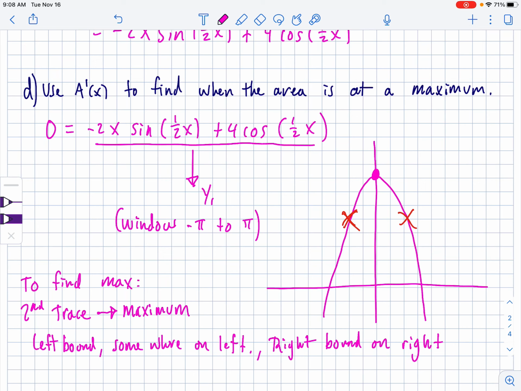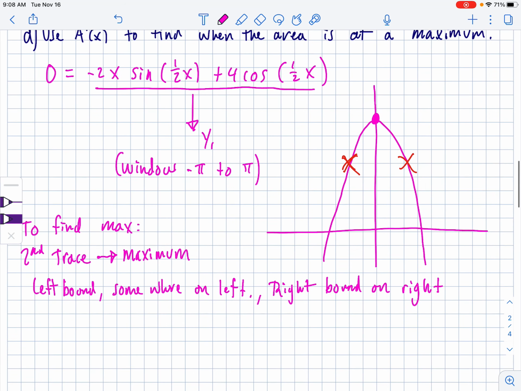Then, this is kind of a funny one, but it's going to say guess. When you do guess, you just want to put it somewhere near the top. It doesn't have to be exact. In fact, I kind of prefer it not to be exactly on it, just slightly to the right or the left, because when you line it up there, that's not the actual maximum.